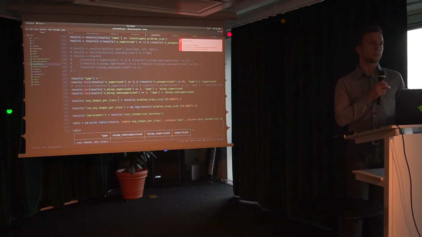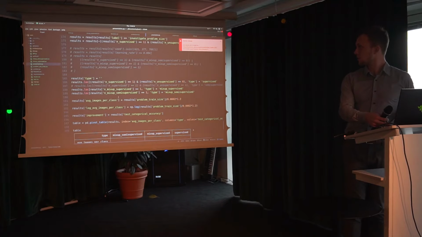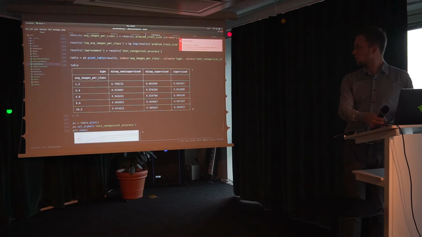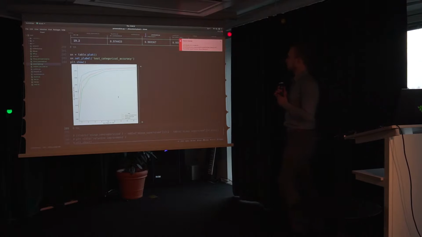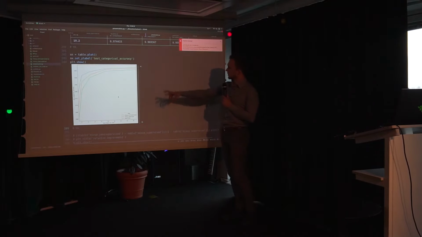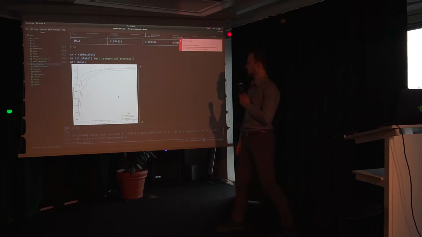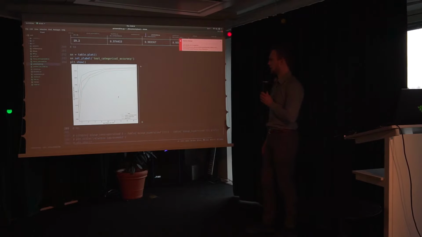But that's a very interesting table to look at. So here we have just using the supervised, the green, and the orange is the mix-up supervised, and finally the blue is the mix-up semi-supervised.